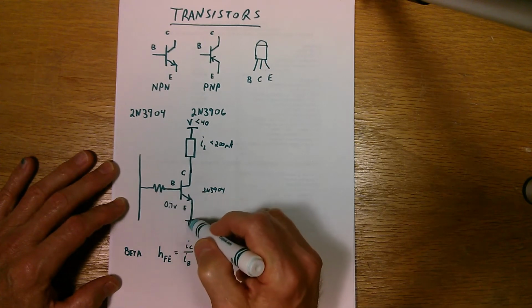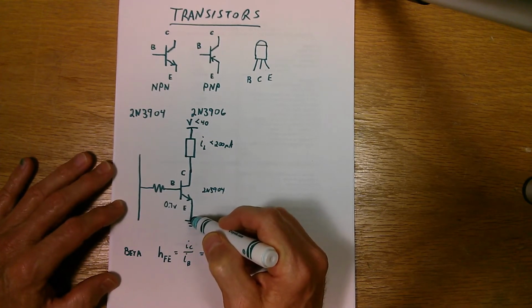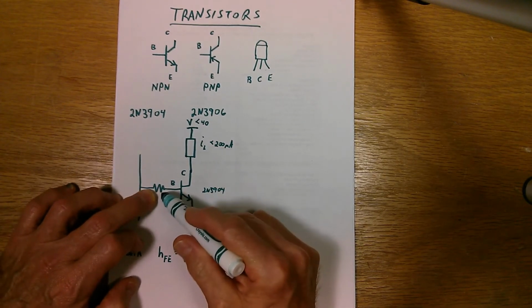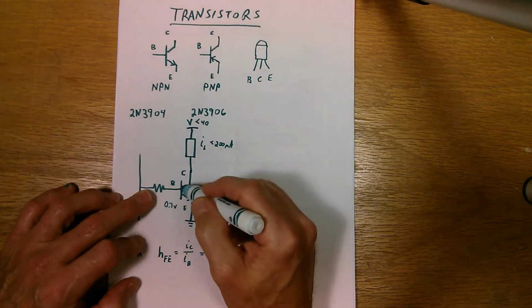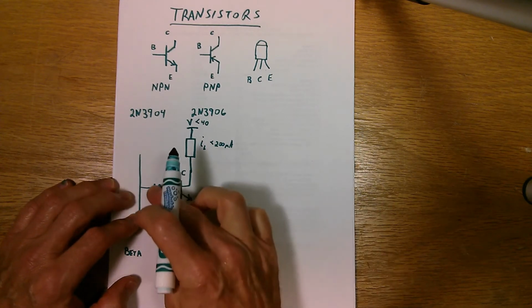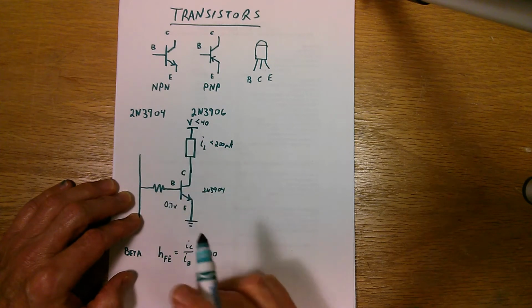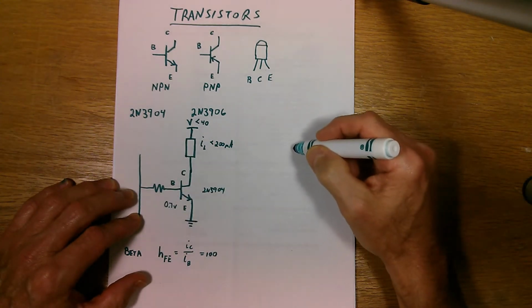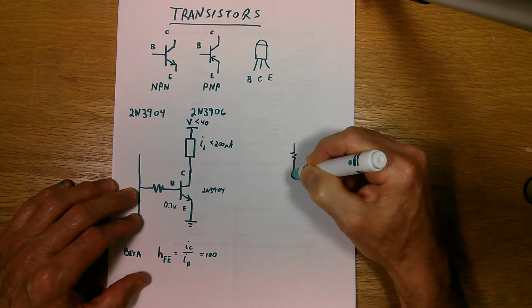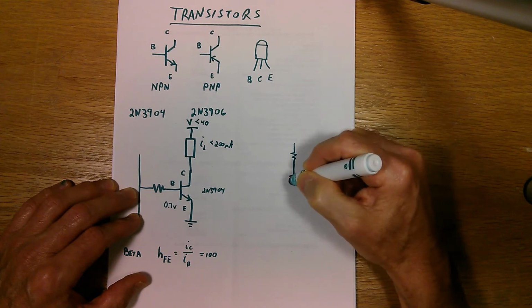But that's just the characteristic of this transistor when it's properly running. And so to figure out this resistor here, you have to do the calculations first of all to figure out the base current, and then you can model this connection here kind of like this. You've got the resistor, and then you've got this diode, which is not a light emitting diode.